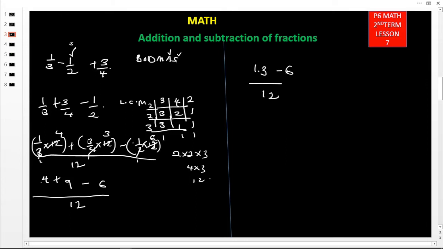So 13 minus 6, we remain with 7 out of 12. So this fraction, we don't need to reduce it. So we leave our answer as it is, 7 out of 12.